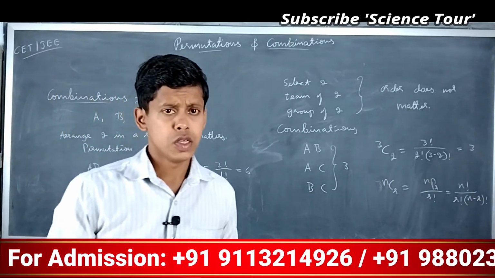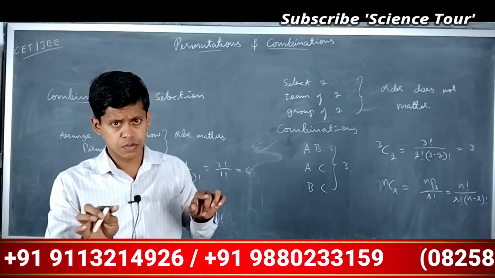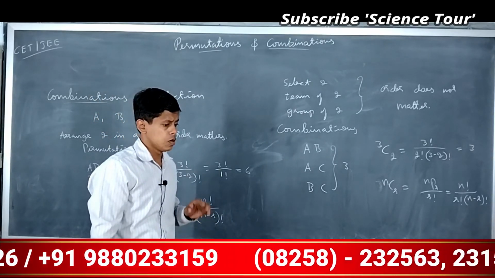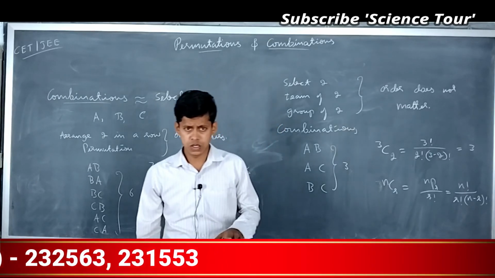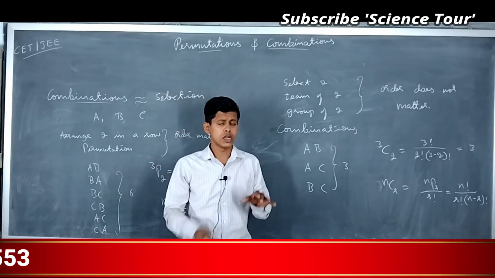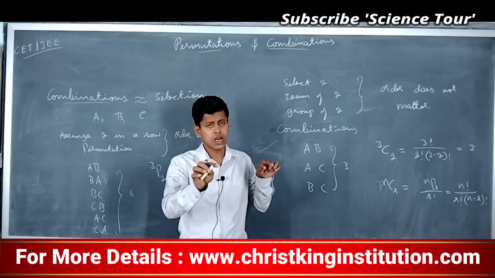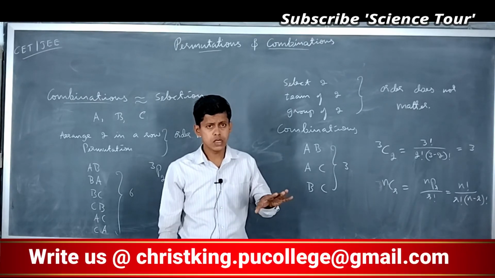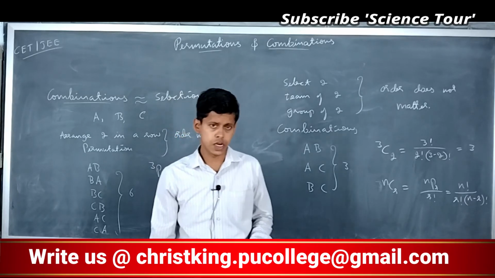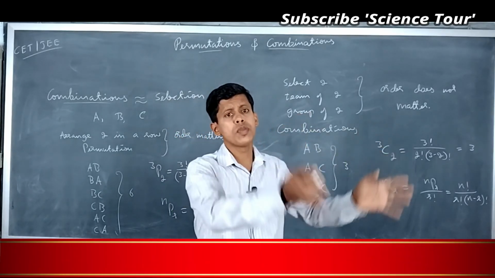That is the concept you have to differentiate between. So when you see a question, you just have to look at whether the order is necessary there. If the order is necessary, arrange them in a given order, in all possible orders, and count the permutations. If order does not matter, just group them together.